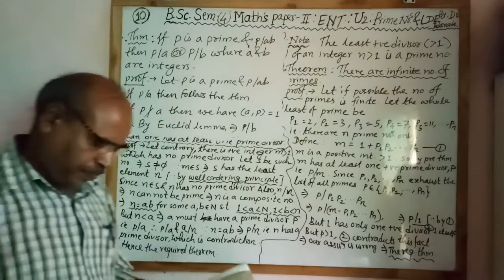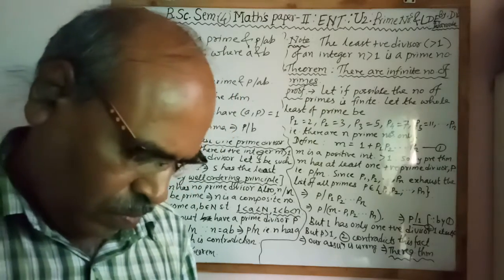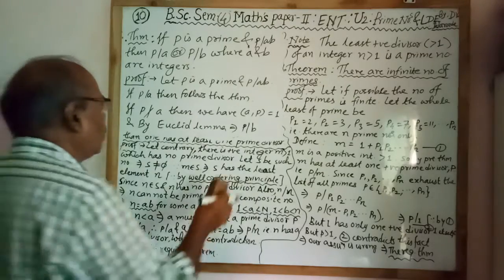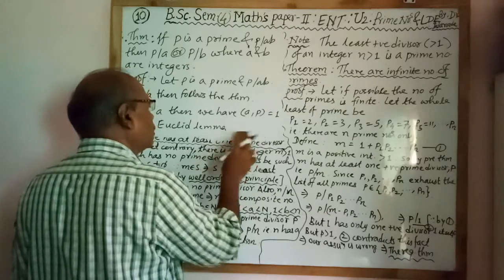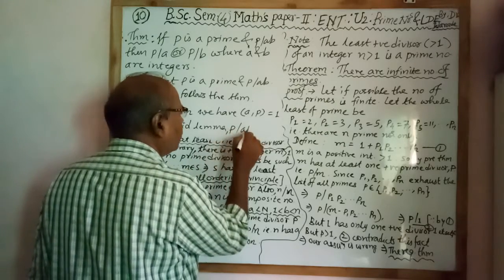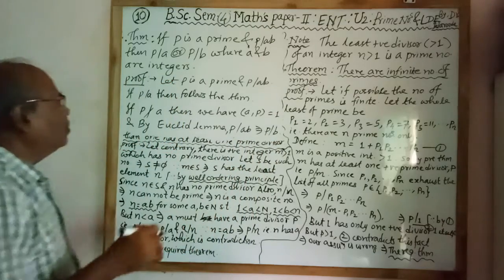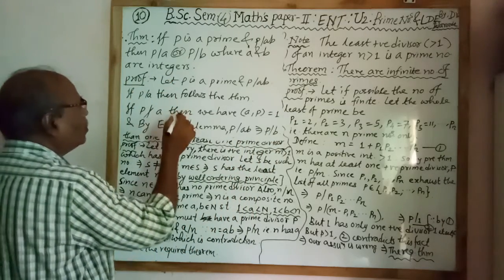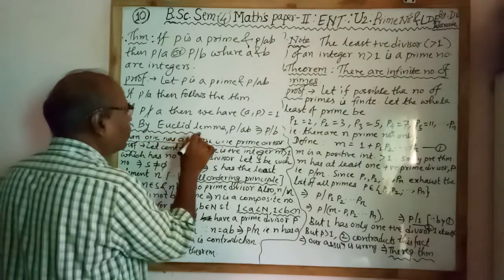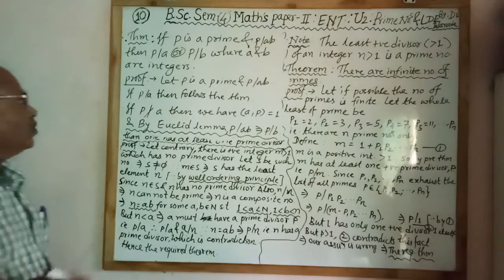By Euclid's lemma, we have p divides ab implies p divides b. Therefore, if p is a prime and p divides ab, then we have p divides a or p divides b. That is the theorem.